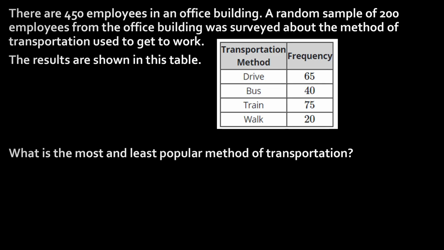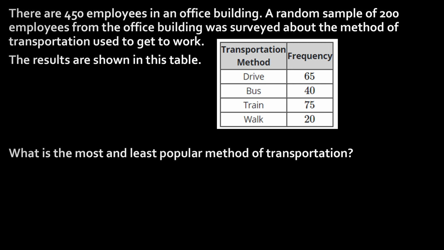All right, our last question says that there are 450 employees in an office building. A random sample of 200 employees from the office building was surveyed about the method of transportation used to get to work. The results are shown in this table. What is the most and least popular method of transportation?